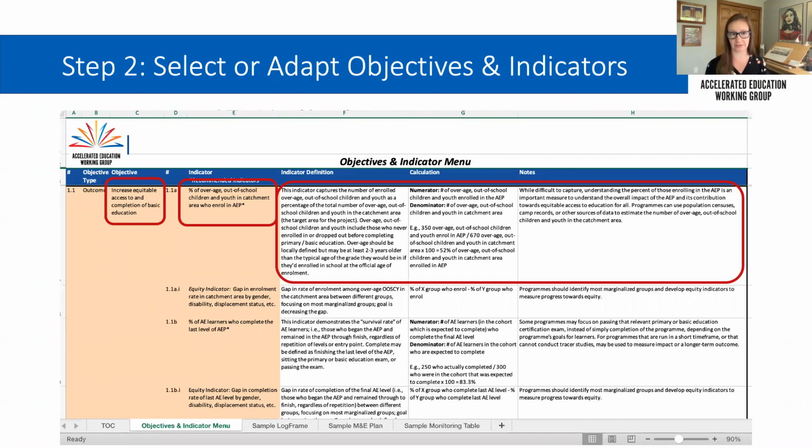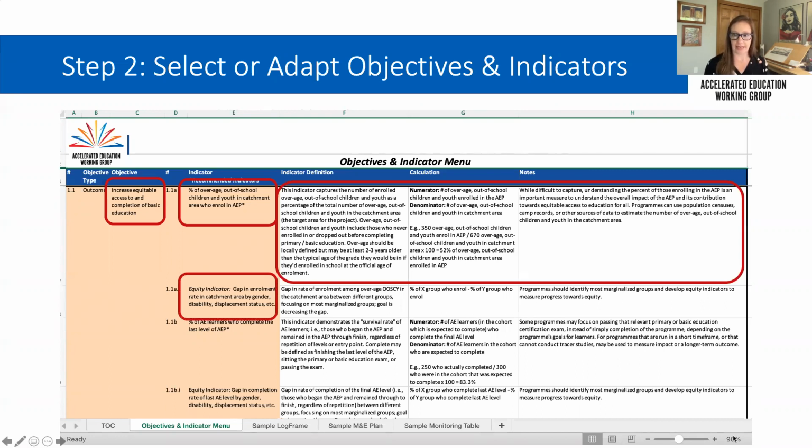And so it was really difficult to make conclusions about the effectiveness and the impact of accelerated education programs. So we really wanted to provide a lot of clarity around what the indicator means and how you can calculate it. And that's also really helpful, not only for the M&E specialist who's doing the calculations and wants to remember how they did it last quarter, and also for clarity in reporting. But if there's a turnover in staff or somebody else is working on it in the next year, the next quarter, it's really important to specify exactly how you're calculating that figure.